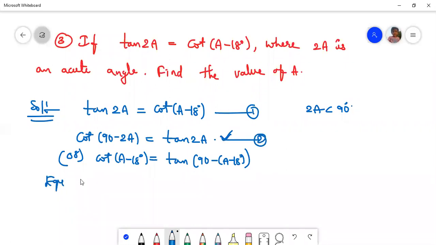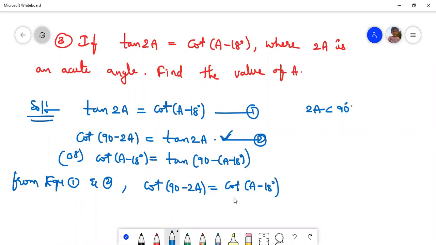From equations 1 and 2, in the place of tan 2A we write cot of 90 minus 2A equal to cot of A minus 18 degrees. Both sides have cot functions, so the angles should be equal. In this, 90 degrees minus 2A equals A minus 18 degrees.